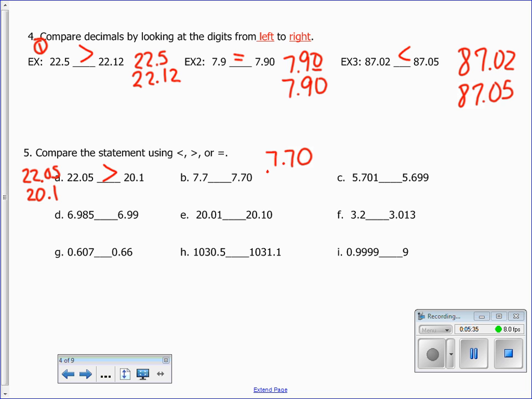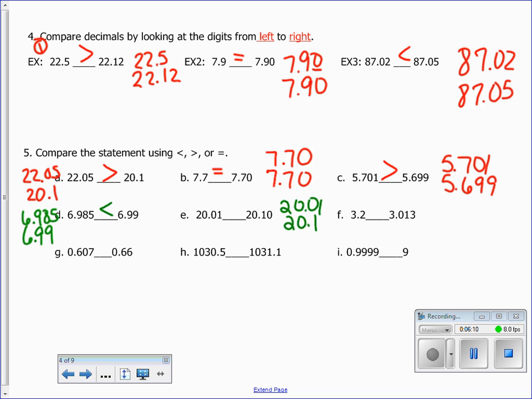Remember, there's an understood 0 here. In this example right here, 2, 2, 0, 0.